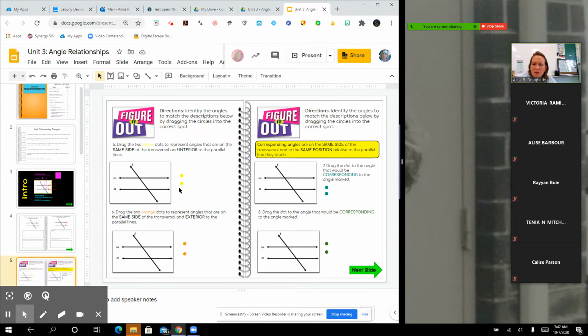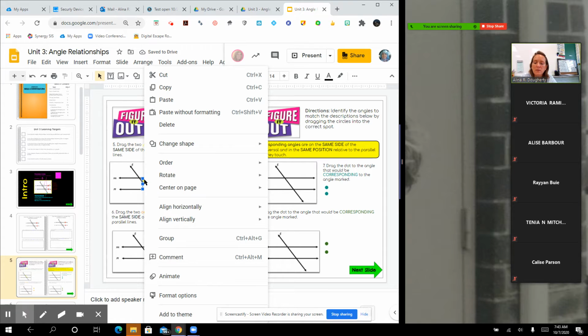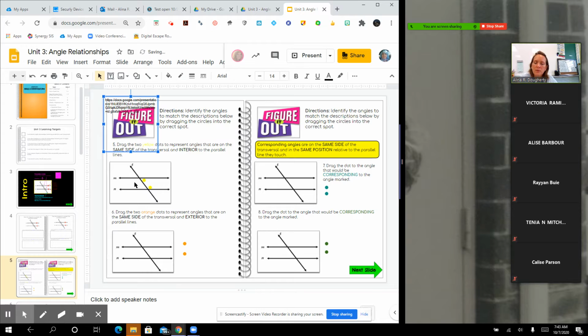All right. So if I get this yellow dot and I drag it to the right side, inside the parallel lines, so M and N are parallel, I need to put this other dot on the same side, right? I'm trying to copy and paste them.